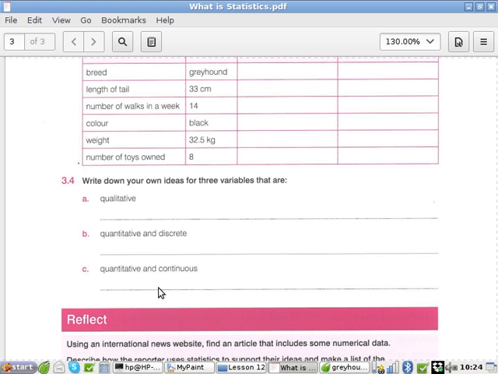Which is the word you want to decide? For time. Time, yeah. Time for what? Waiting for bus. Ah, so what do you think? How much or how many? How much. You are right. How much time has passed? You would say how much time has passed or how many minutes have passed?